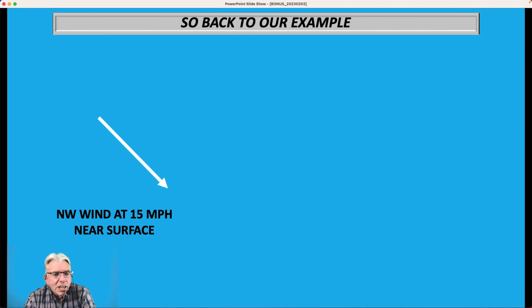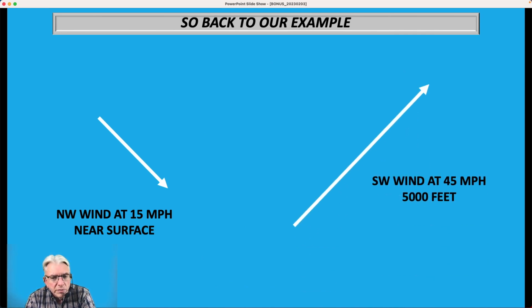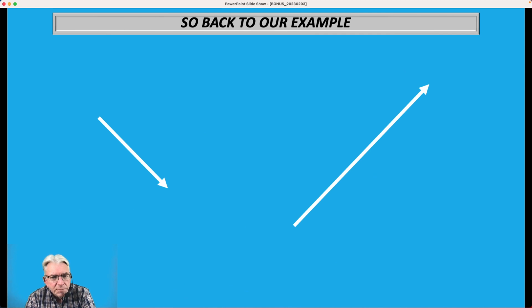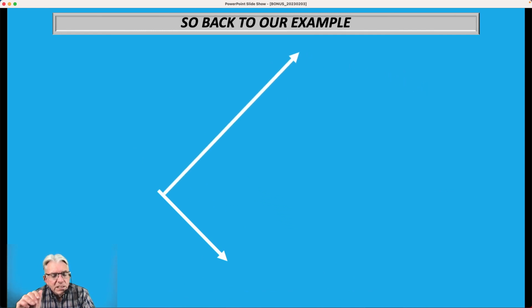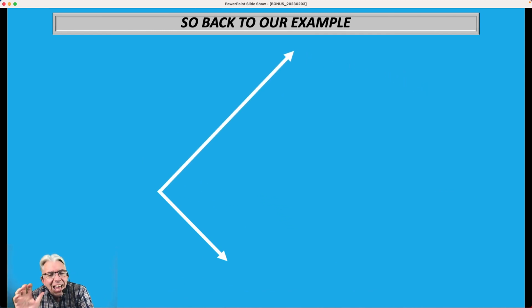So back to our example. We've got our northwest wind at 15 near the surface, southwest wind at 45 at 5,000 feet. Now, in order to find out what the thermal wind vector is, remember, we have to add the thermal wind vector to the low-level wind vector, which is this one here, okay, to get this one.